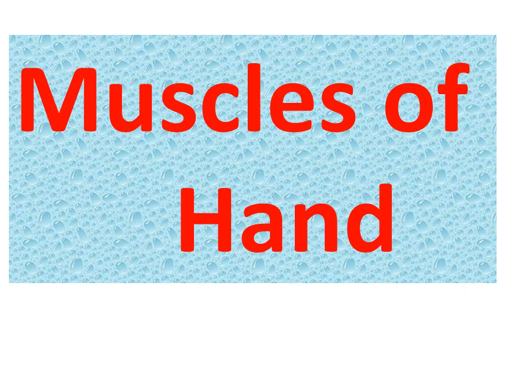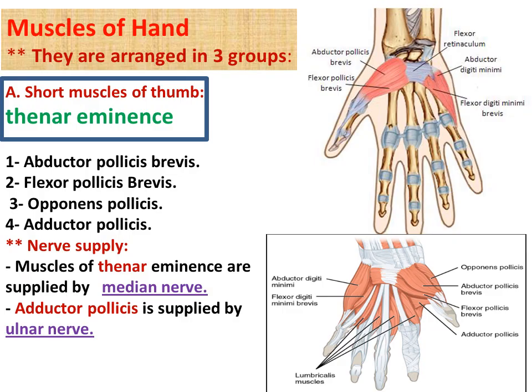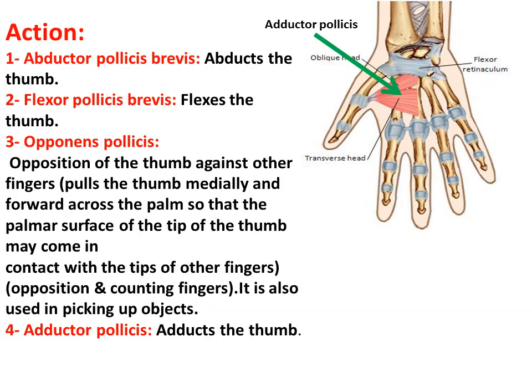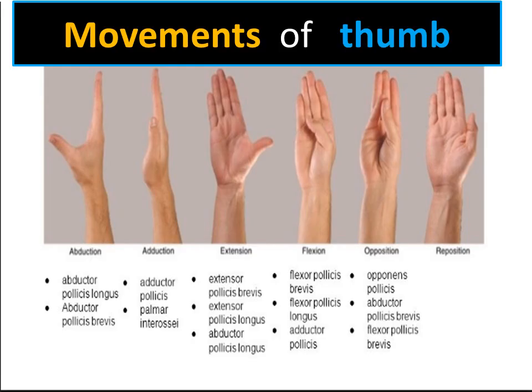We have finished the item of pulp space or fascial spaces, and lastly, muscles of the hand. Here is the thumb. This is the movement of the thumb, every movement and its opposite. Abduction makes the thumb in a vertical plane perpendicular to the palm.